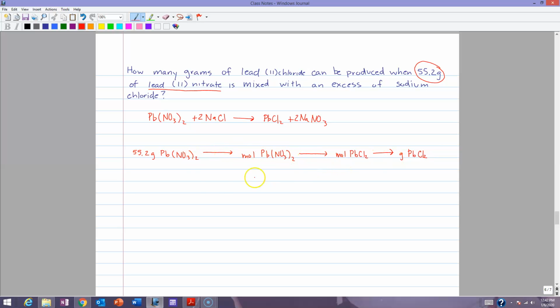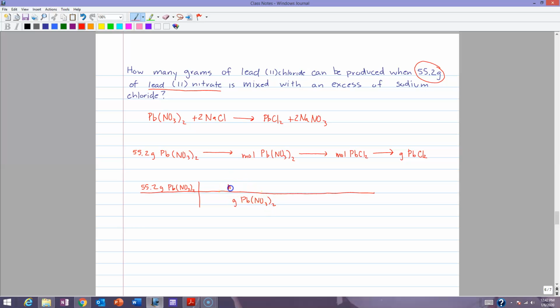I have 3 arrows, so that means I'm going to have 3 conversion factors. I'm going to set up my T-chart. And in my given box, I'm going to put my 55.2 grams of lead 2 nitrate. I'm going to carry down grams of lead 2 nitrate.